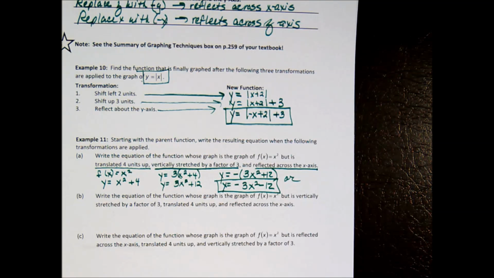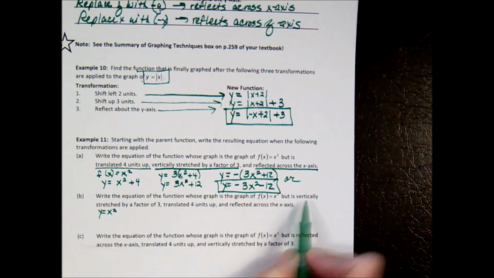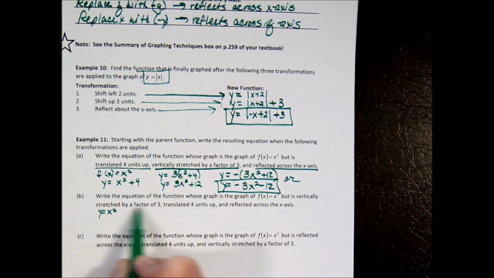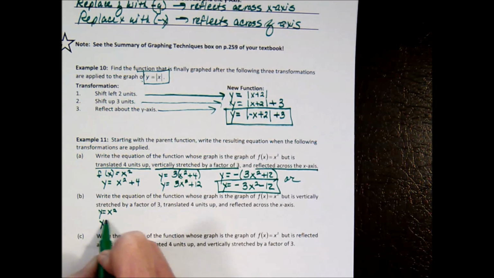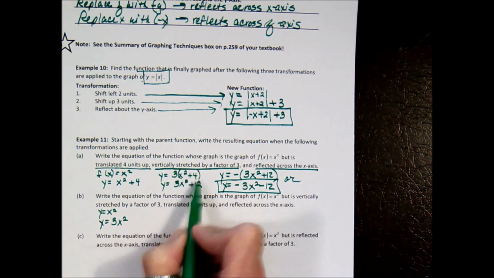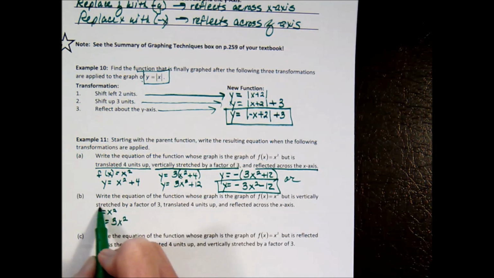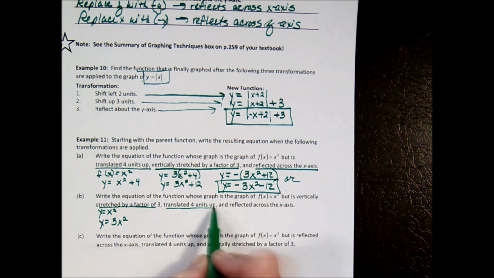Now let's do them again in a different order. Start with y equals x squared. This time we're going to stretch it by a factor of 3 first. So y equals 3. The only thing I have to multiply by is the x squared. Not like up here where I had to do the whole thing by 3. Okay, that was that part. Now we're going to translate it 4 units up. So that's just going to add a 4 to the end.